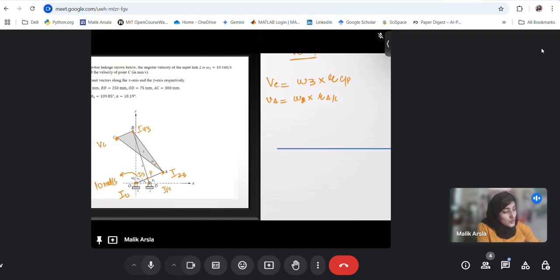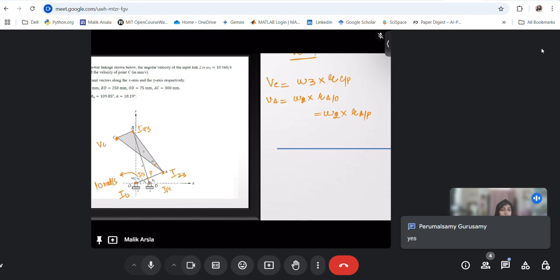It will also be equal to omega 3 cross the distance between I13 and A, that is the distance between A and point P, so it will be RAP. Oh, sorry, this is omega 3, not omega 2. So is this clear to you, how we got this?